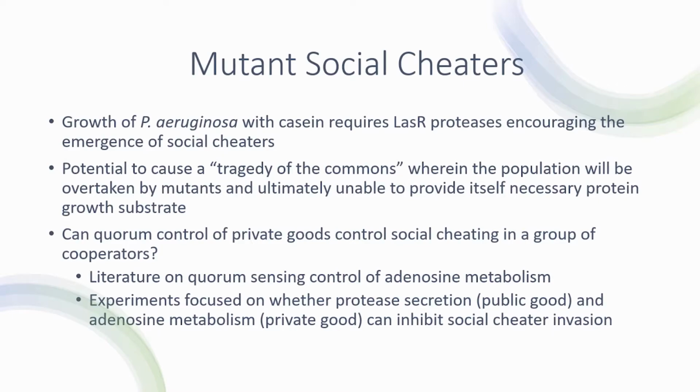So if we focus quorum sensing on a public good, on shared enzymes to the community, will that inhibit social cheating, which we see it doesn't? But will adenosine metabolism, which is a private good, if the bacteria has to make its own enzymes, it cannot cheat off of other bacteria, will that inhibit social cheater invasion and ultimately inhibit a tragedy of the commons?